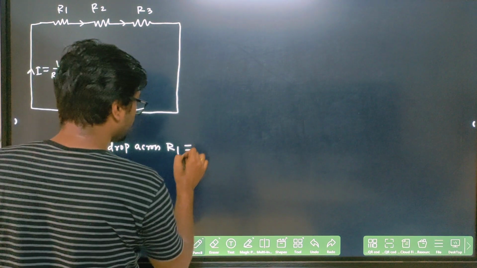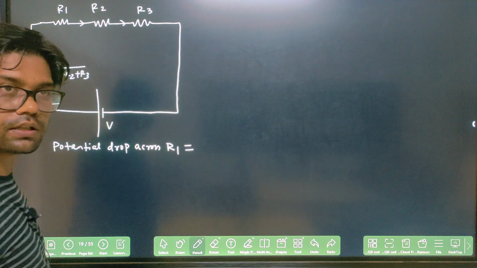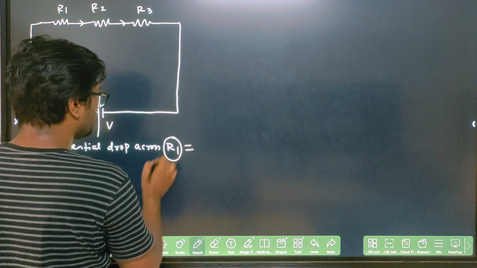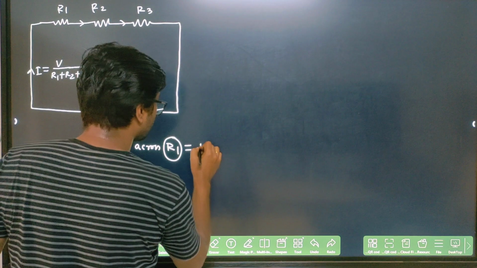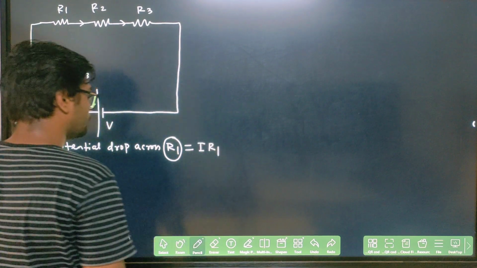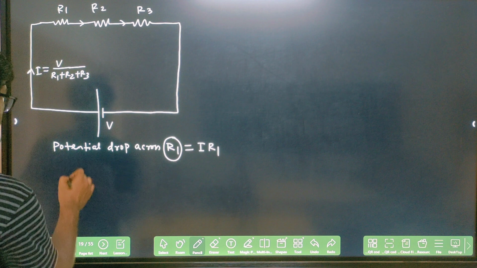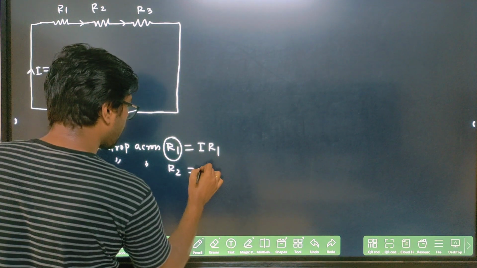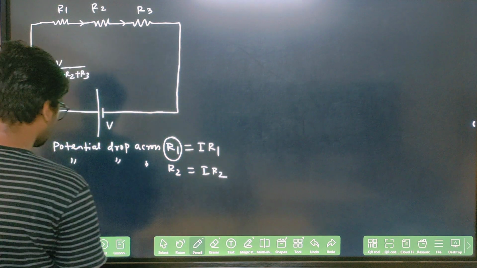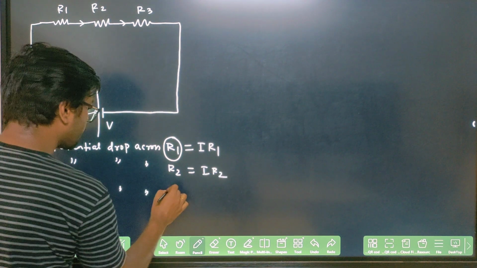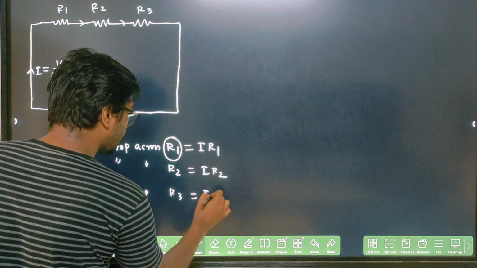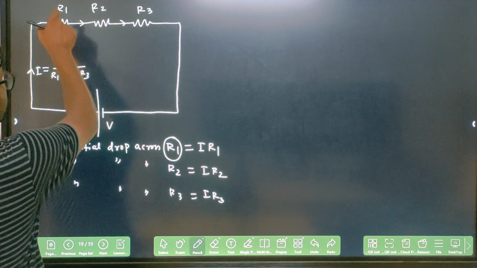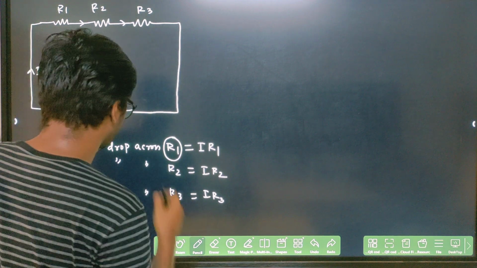This we have seen: potential drop across a resistor is I into R. So for R1 it will be I into R1. Similarly, potential drop across R2 will be I into R2, and across R3 it will be I into R3. Clear?